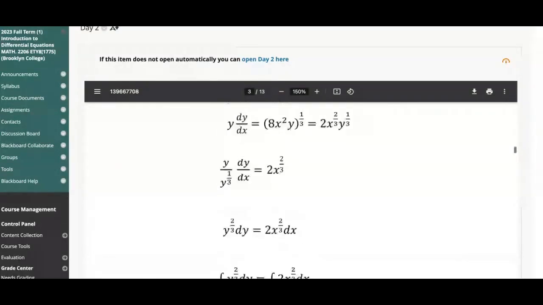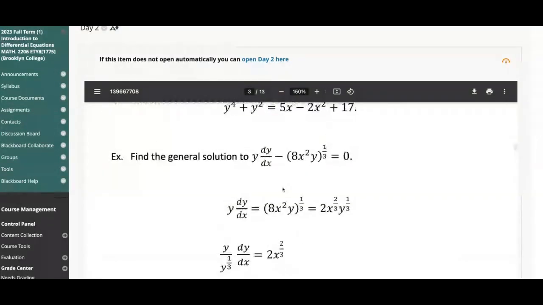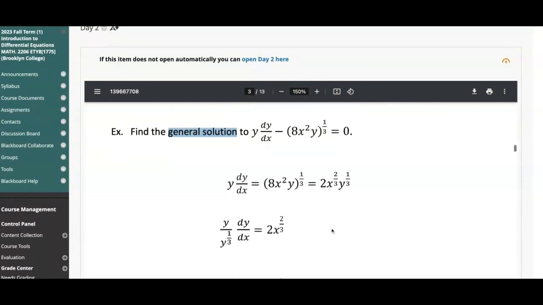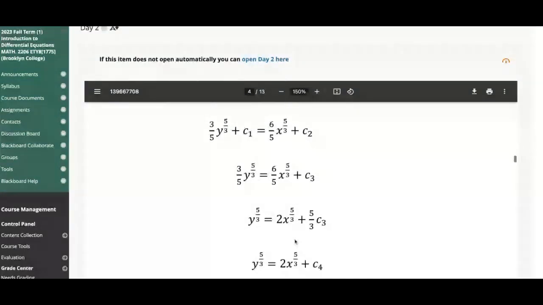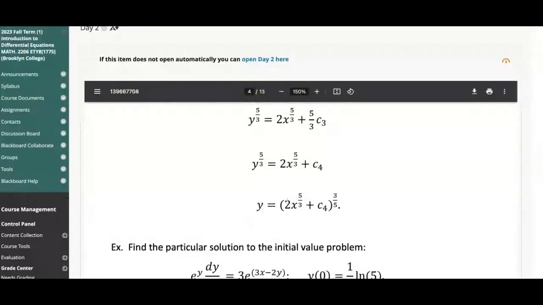We're not given an initial condition for this one, so we just want to find the general solution. So the general solution to this differential equation is a function. Anyone has any question?